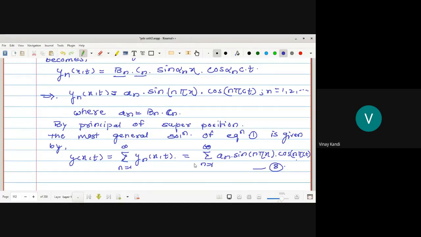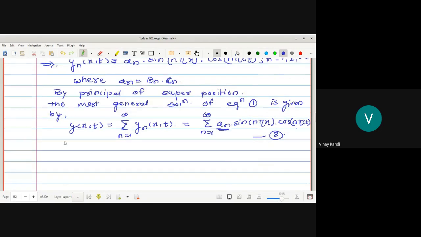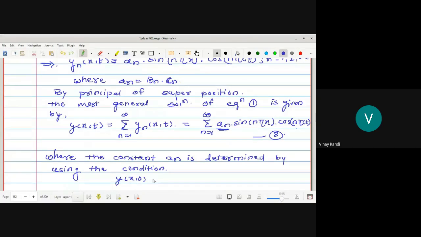Here we have to determine the value of the constant a_n. The constant a_n is determined by using the last condition, y of x,0 is equal to x into 1 minus x, which is given to us, with x running between 0 and 1.